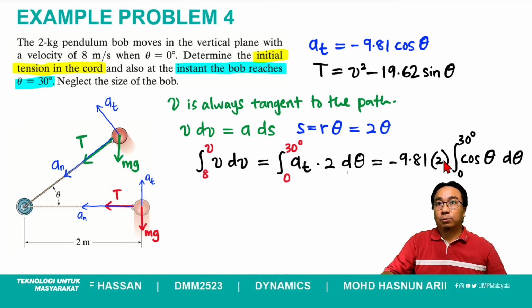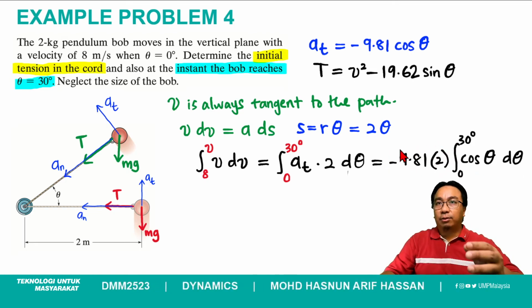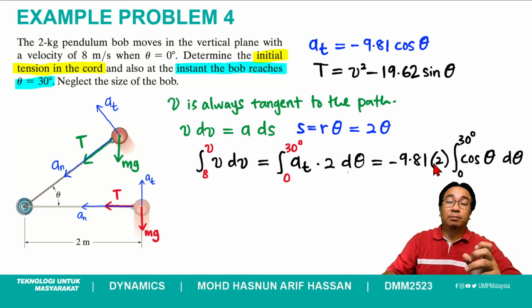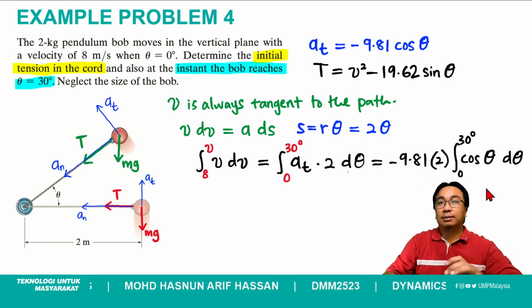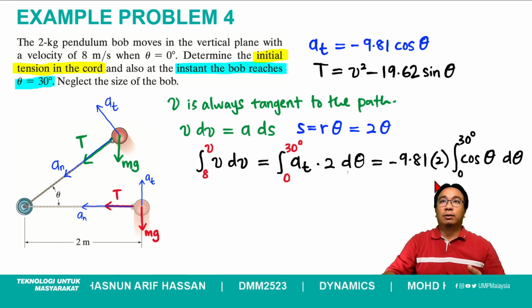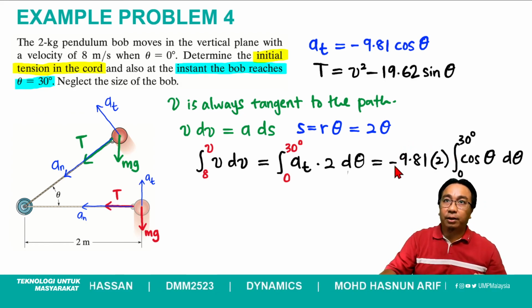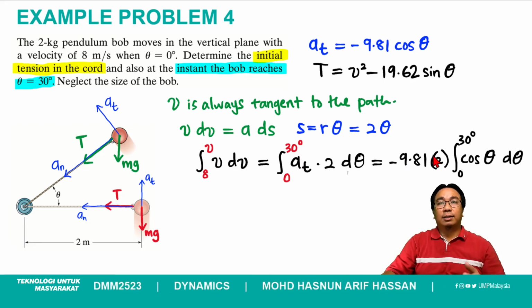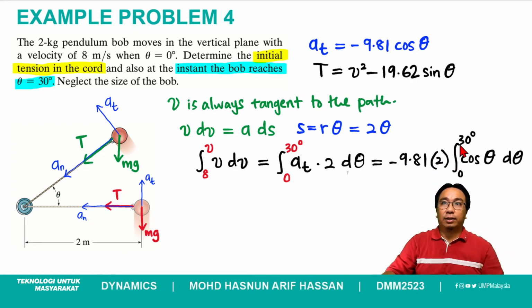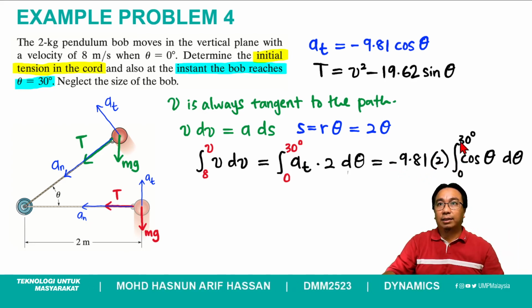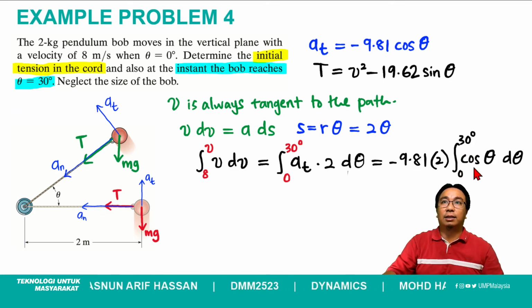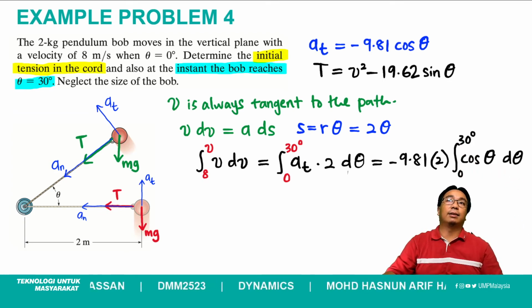You akan nampak integration dia simple sebenarnya. If you have all this thing inside, maybe it will make you confused. So you bring all the constants yang tak ada variable outside of the integration. So basically you are integrating from 0 to 30 degrees cos theta d theta.